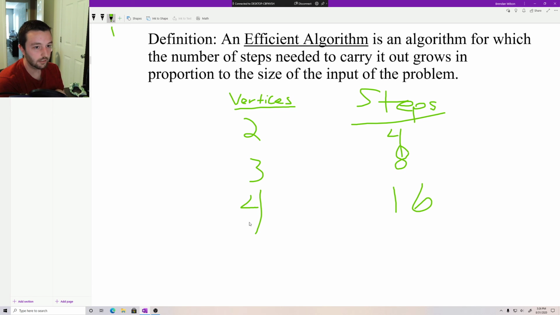The approximate algorithm, I won't write it out here. It's in the book though, but you don't have to worry about it. But the approximate algorithm is any algorithm for which the number of steps needed to carry it out grows in proportion to the size of the input of the problem. So that's very similar to this definition. But there's no known algorithm that is efficient and produces the optimal solution.